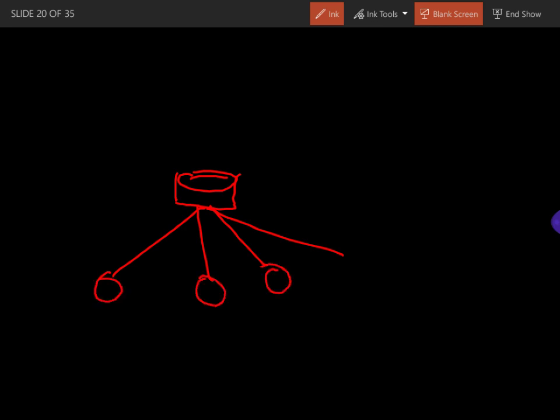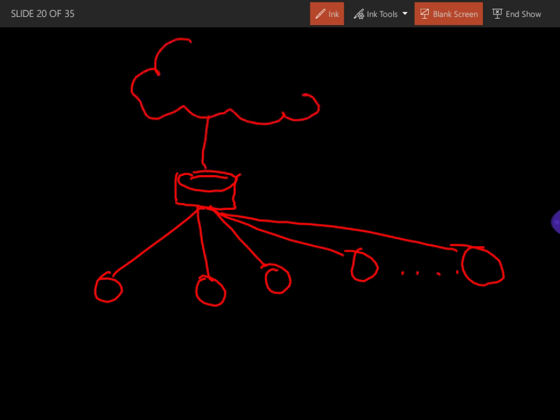So let's say we have a network which has a router which looks like this, and we have many different hosts connected to the router, and the router connects to the internet.